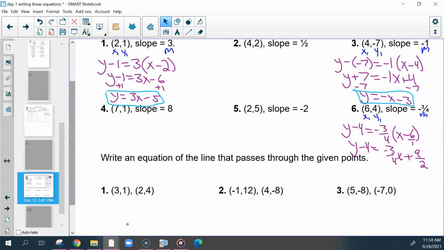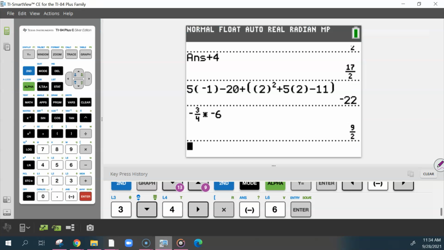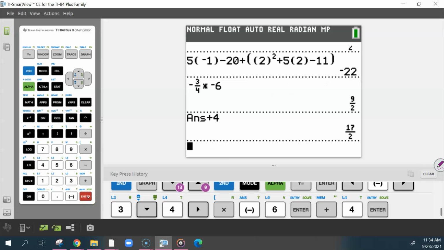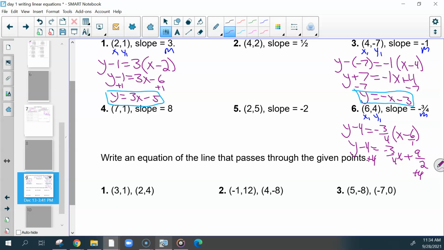And then the last thing we need to do is add 4 to the other side. So if you have that in your calculator up already, it'll still give me whatever the answer is in simplified form. 17 halves. You could have also done it by hand, change the denominator.